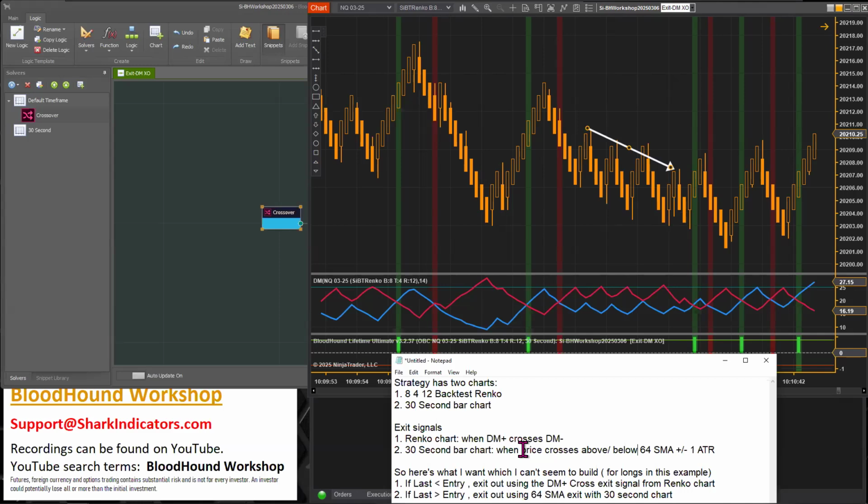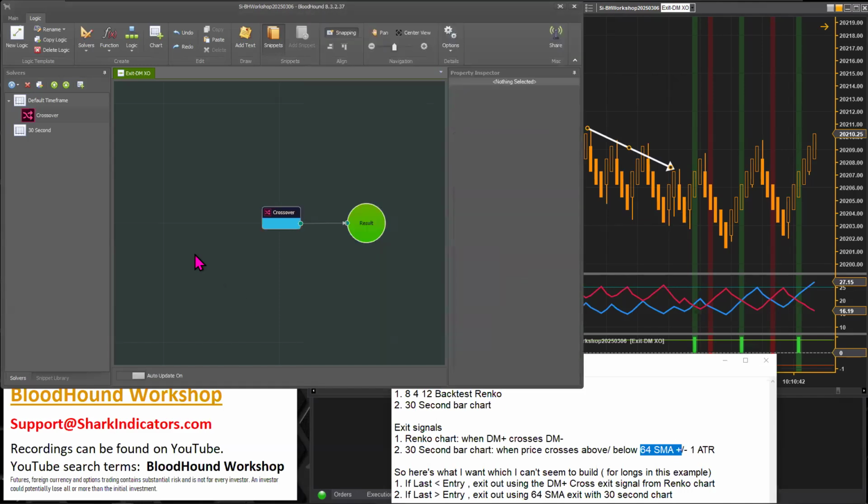So again, if price crosses this SMA with an ATR offset there, and actually, all right, yeah.